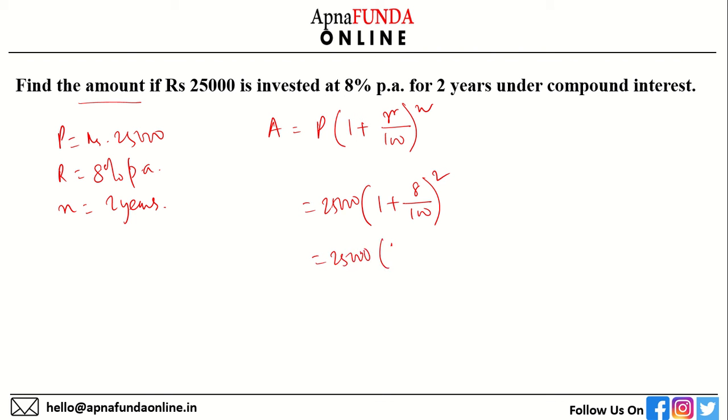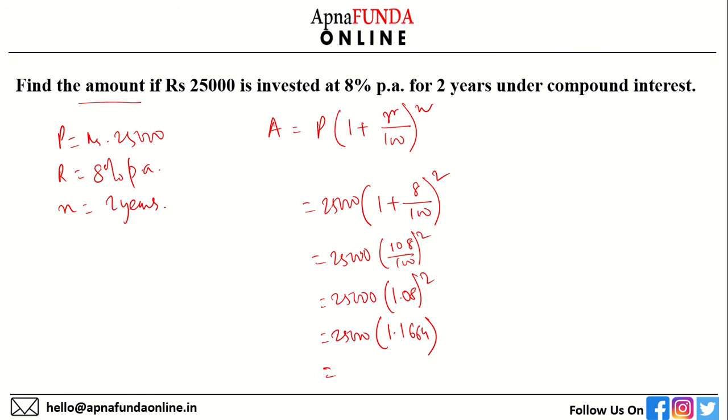This will be 108 by 100 squared. So in case of compound interest, you will always have to do some calculations. You need to be very fast in calculations, very fast in percentage, very fast in division. So this is 25,000 into 1.1664.